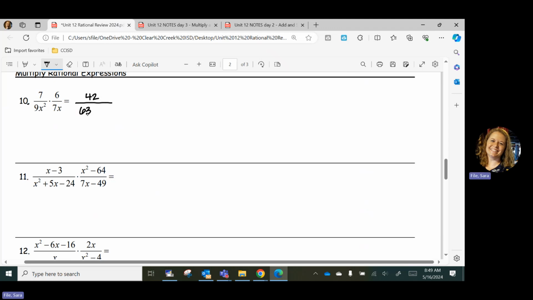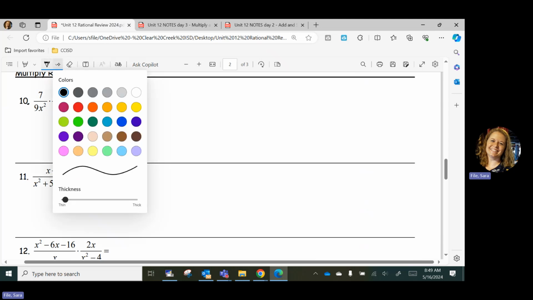And the x squared times x is x cubed. And I just realized something. I could have reduced first. Okay, so I'm actually going to erase that. You could multiply first and then reduce, but it was already in the perfect setup for reducing, so I should have reduced first instead of doing extra work.